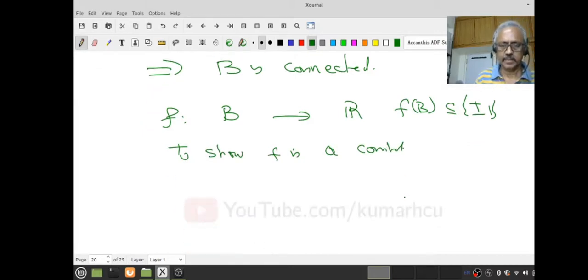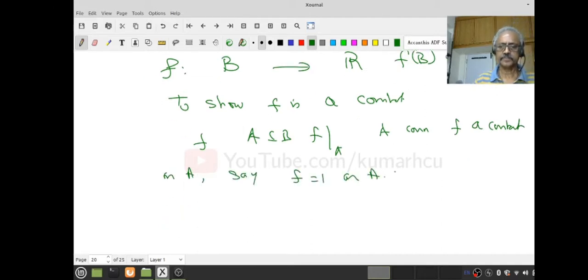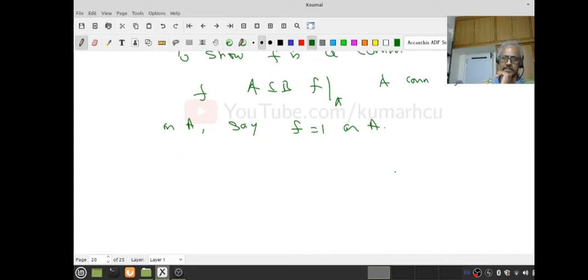right? Now if A is a subset of B, therefore when I restrict f to A, since A is connected, f is a constant on A. Say f equal to 1 on A. Then what do I want to do?